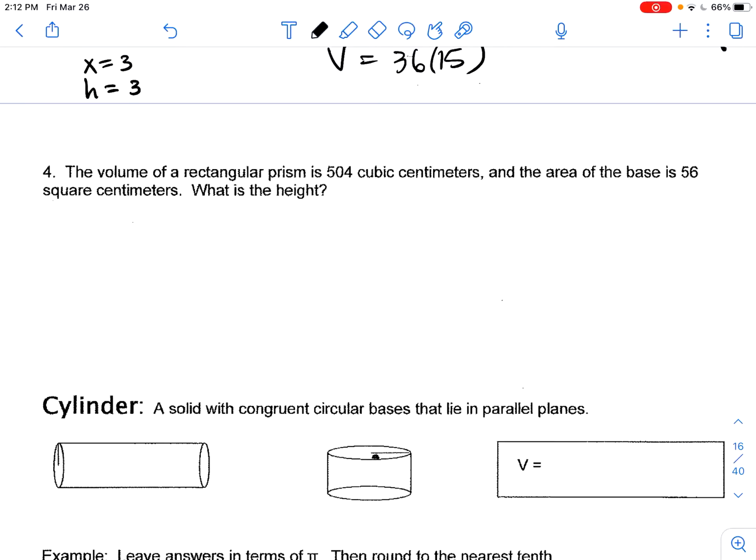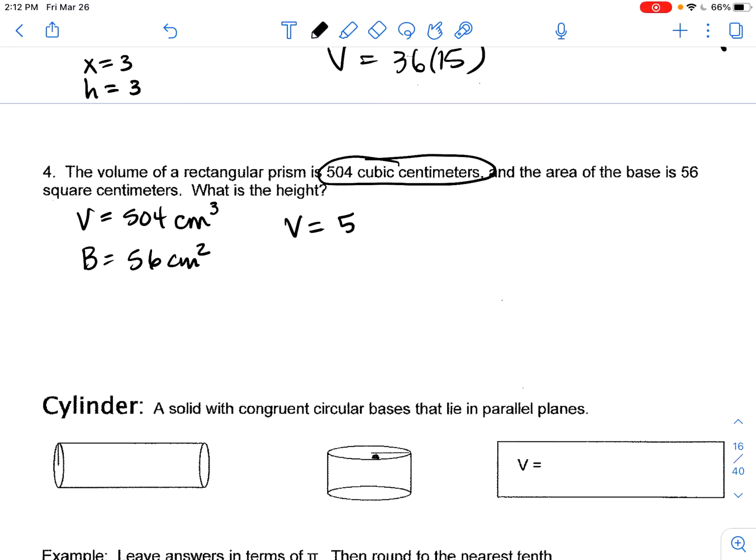In number 4, it says the volume of a rectangular prism is 504 cubic centimeters, so that's centimeters cubed. That's how you write cubic centimeters. The area of the base is 56 square centimeters, because that's area. What is the height?